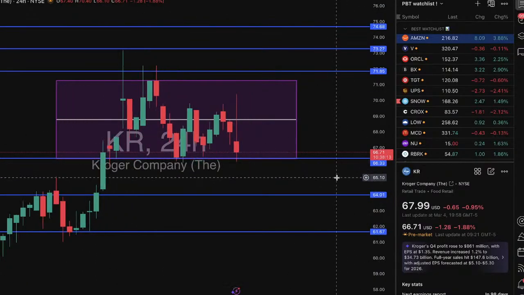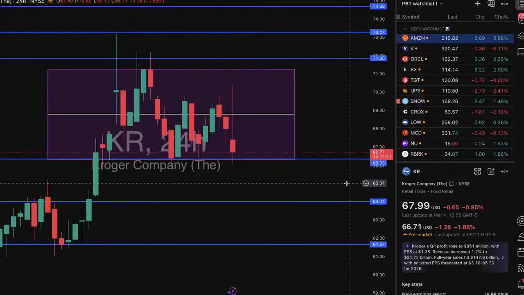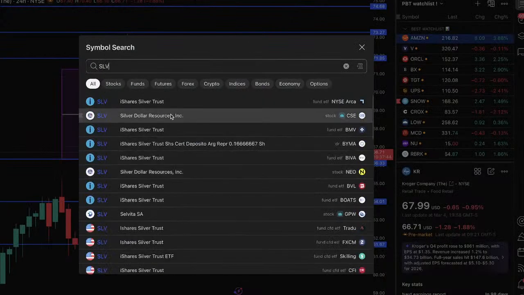I don't know what these contracts look like. Actually doesn't look too bad though. All I would want to see is if we can get this nice little continuation. We got a nice break here. All right, cool. So yeah, we got the empty space. I'm at 66.33 down to that 61.67. We'll take a look here.